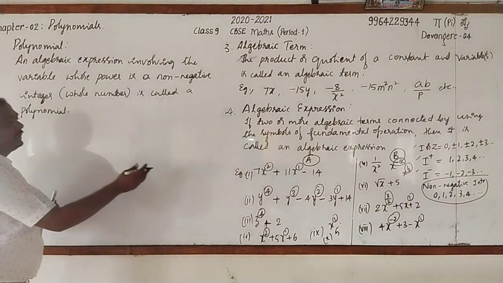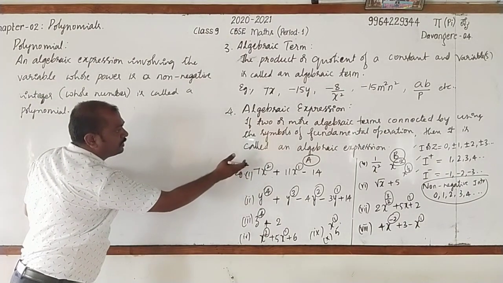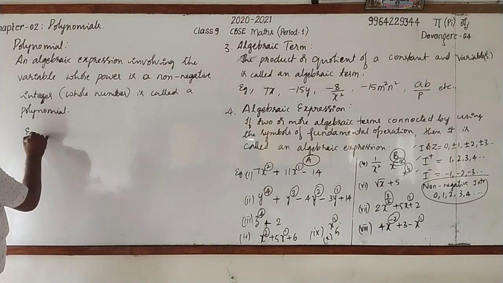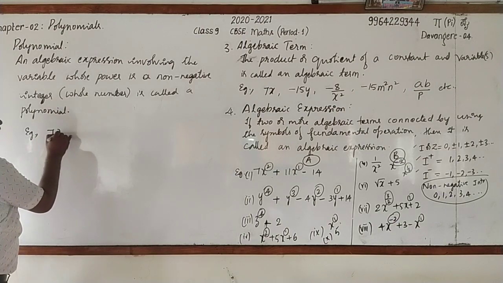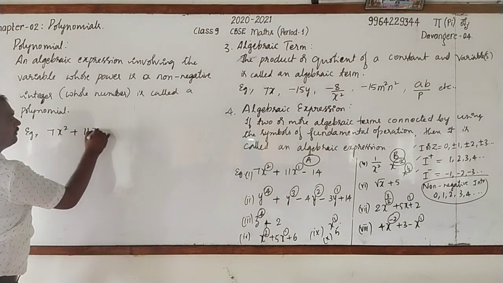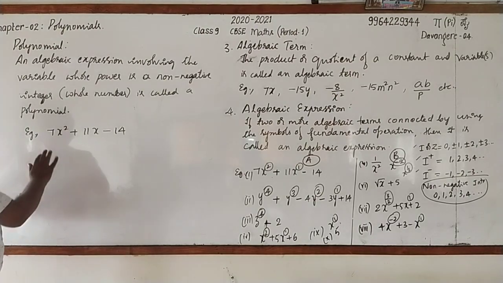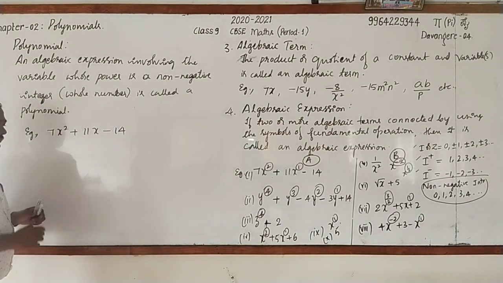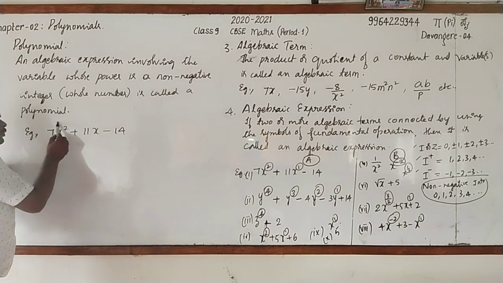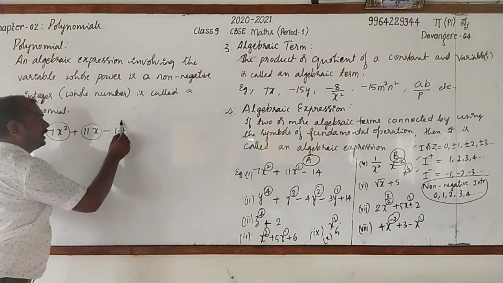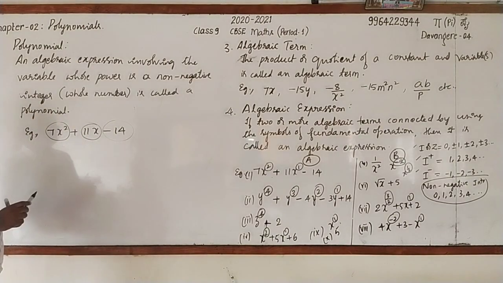So you can go for taking the examples of polynomial as these only. Just I'll take first one, only one example. That is 7x square plus 11x minus 14. Here, this is the polynomial. Do you know what we call 7x square, 11x and minus 14?